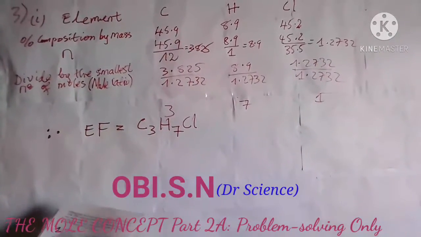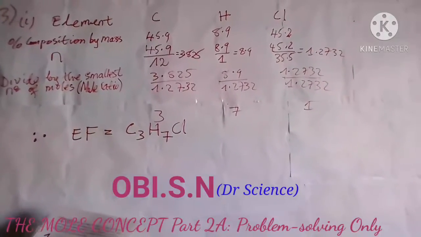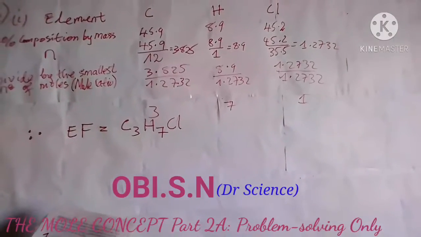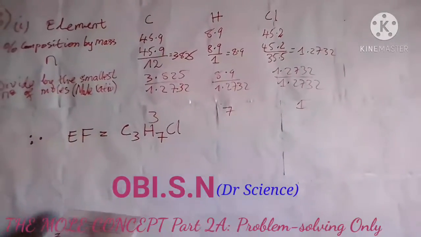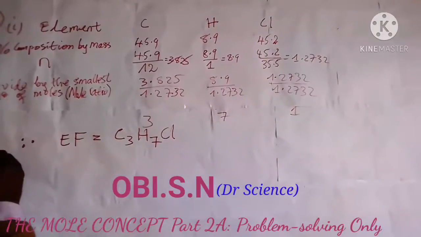Now, in Roman 2, it says, what is the molecular formula of the compound, given that the relative molecular mass is 78.5. So let's work it out.